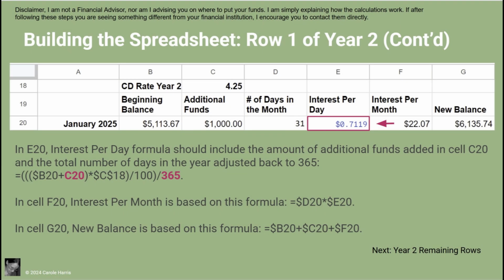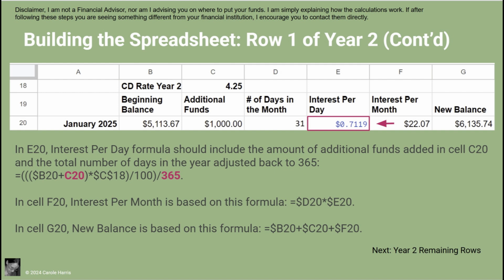In cell E20, copy the same formula from year 1, remembering to use the beginning balance from B20 plus any additional funds from C20 times the rate in C18 divided by 100. Then divide that total by 365 days.